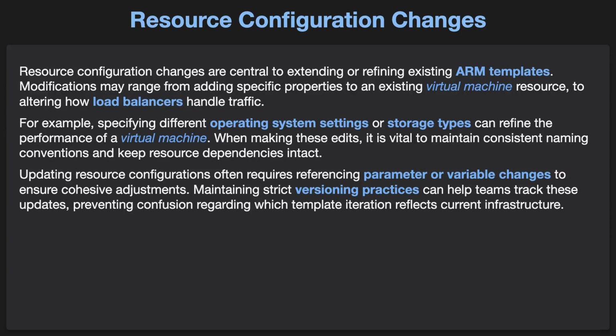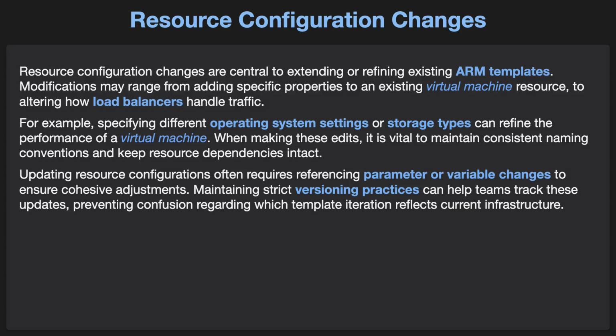Resource configuration changes are central to extending or refining existing ARM templates. Modifications may range from adding specific properties to an existing virtual machine resource to altering how load balancers handle traffic. For example, specifying different operating system settings or storage types can refine the performance of a virtual machine.